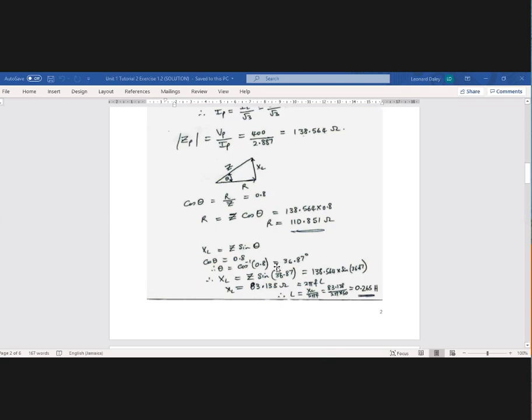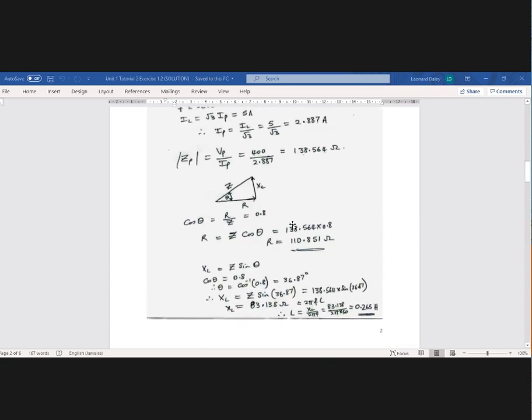And sine of 36.87 times Z gives you 83.13. And we know XL is equal to 2 pi FL, so L is XL over 2 pi F. And that works out to 0.265 from my calculation.